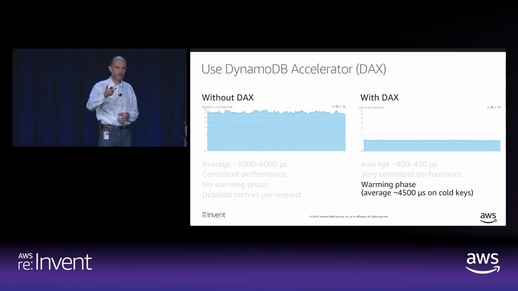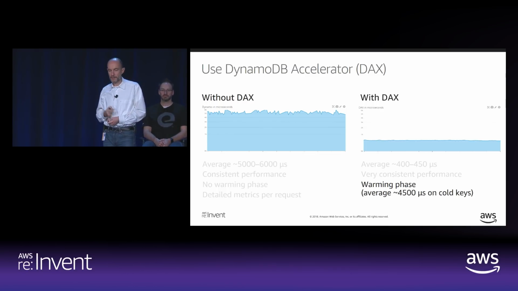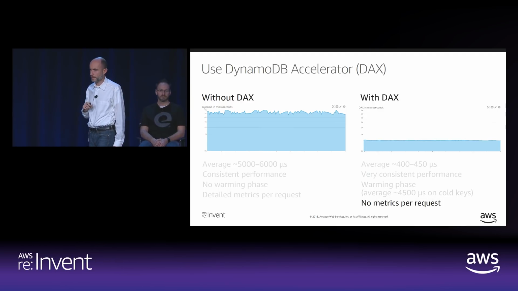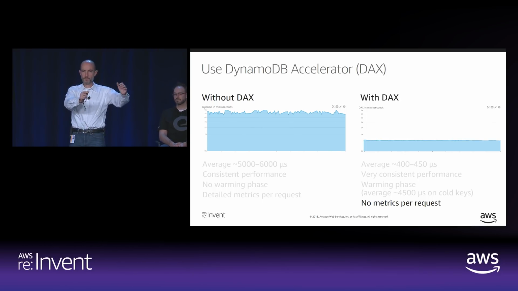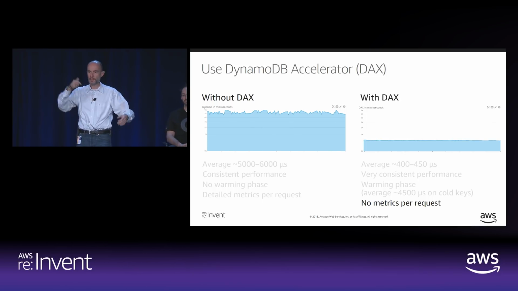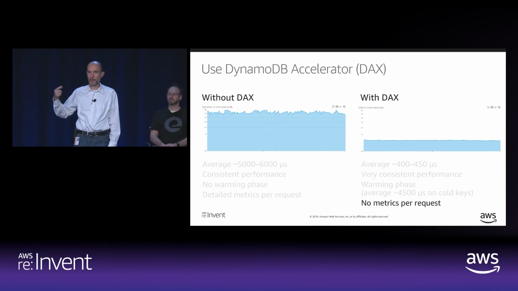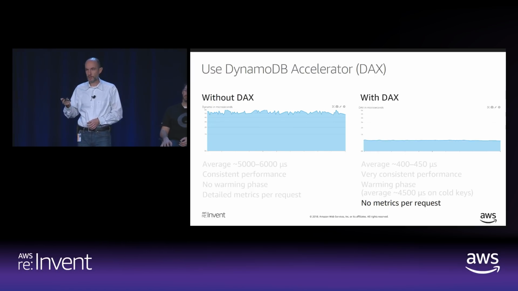You need to fill up that cache before you can really leverage its performance here. And DAX doesn't support detailed metrics on a per request level. So in this case, do the debugging first, and once the application runs nicely, then you can switch on the caching feature, and then you can start saving money because you can now provision a lot less capacity units, and you will have a much faster application overall.